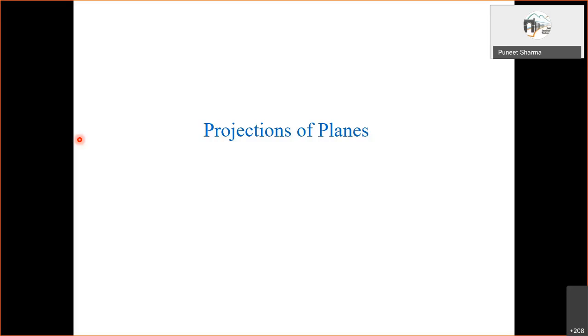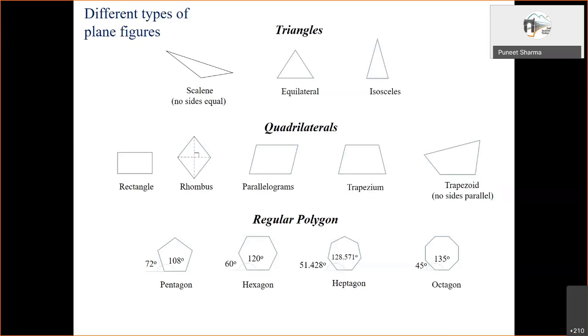Now, before proceeding further, let us have a look at the different types of plane figures. These are, let's say, different possible plane figures. Mostly everyone of you knows these. Just for the sake of recollection, let us have a look at them again. So you have any triangular shape with no sides equal to each other, an equilateral, all the sides equal, isosceles with two sides equal.